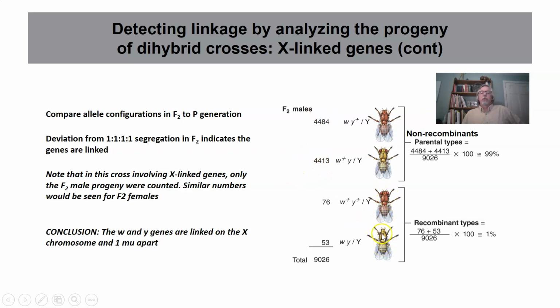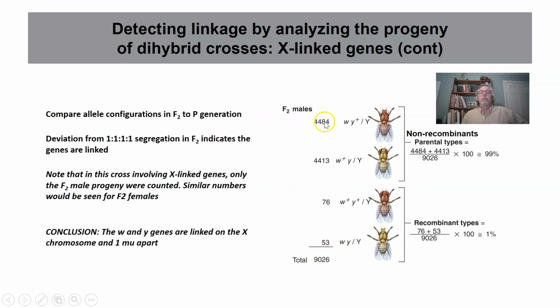The other two combinations are either both wild type, red eyes and brown body, or both mutant, white eyes and yellow body. And they would be males with the X chromosome having alleles in cis. These must be recombinants because the mother for this cross had alleles in trans. So they are present in very low frequency.